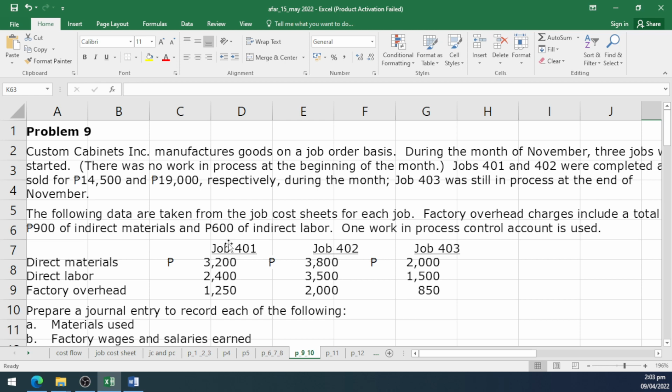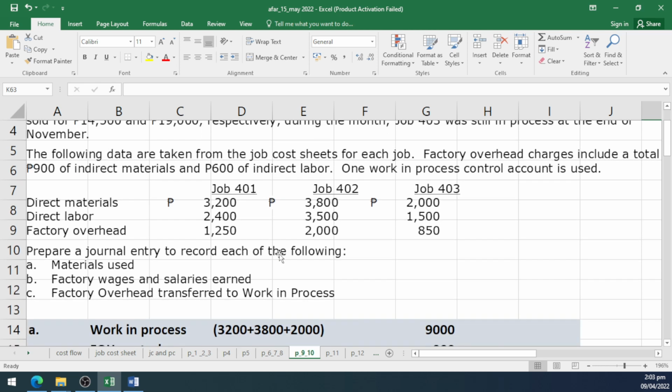The following data are taken from the job cost sheets, and the factory overhead charges include a total of 900 indirect materials and 600 of direct labor. Requirement is to prepare journal entry to record the materials used. So, yung issuance ang tinutukoy po dito.